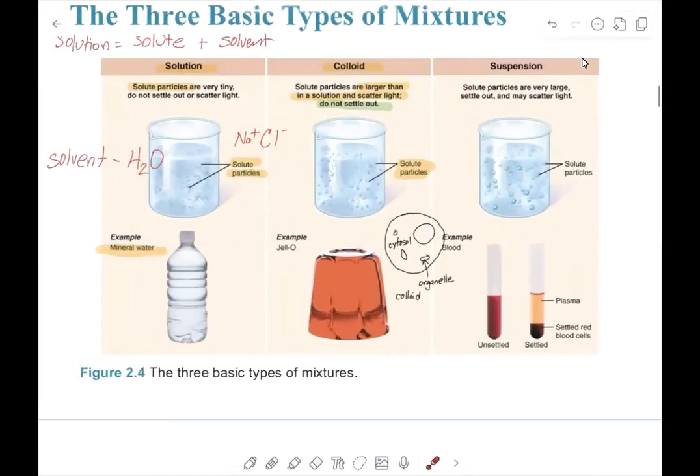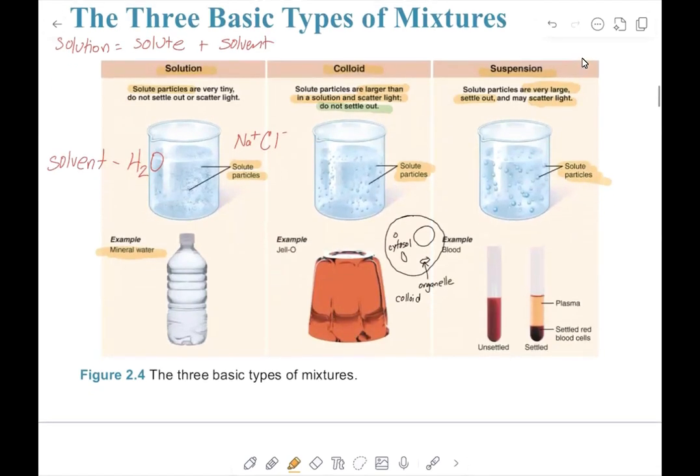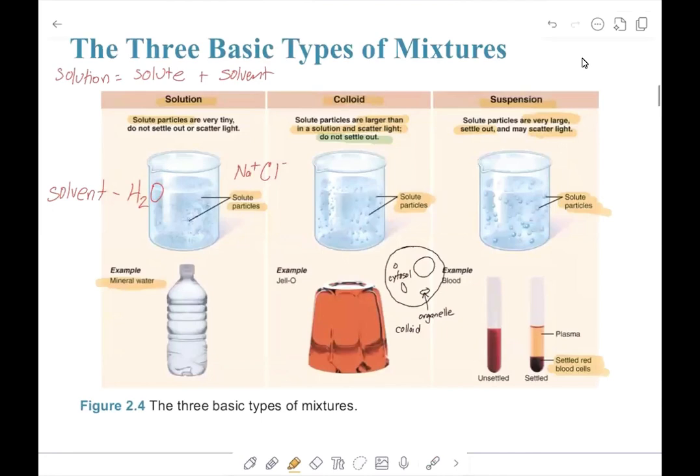The third type of example is a suspension, and these solute particles are very large. They settle out and they may also scatter light. So here they're a lot larger, and the best example in the body is that of red blood cells. When blood is taken, it's put into a test tube and it's spun down in a centrifuge.